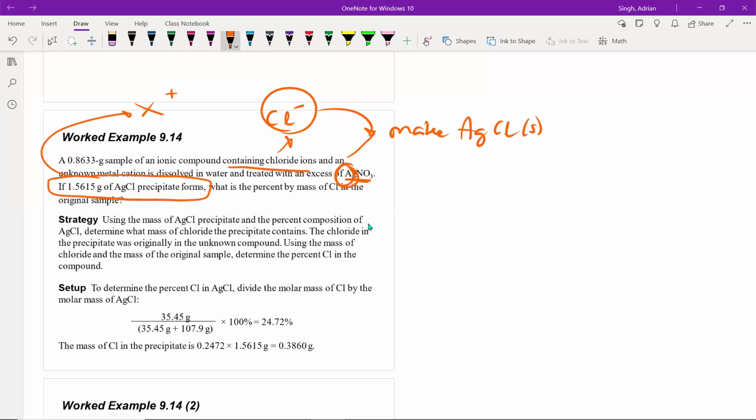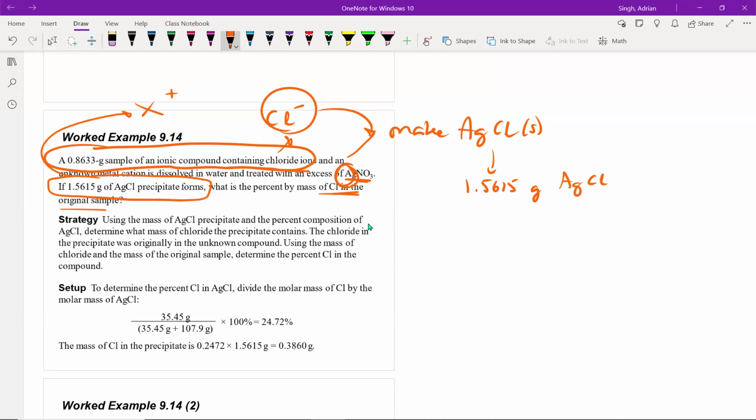So we end up forming 1.5615 grams of AgCl. And then what we're asked to find is, what is the percent by mass of chloride in the original sample, which is the 0.8633 grams. And we know that sample has chloride in it because it reacted with the silver nitrate to make the silver chloride.